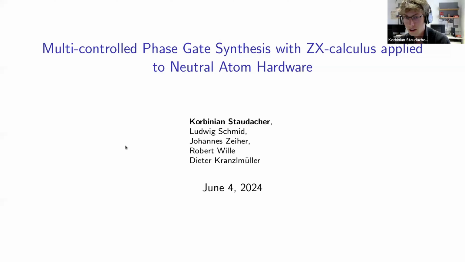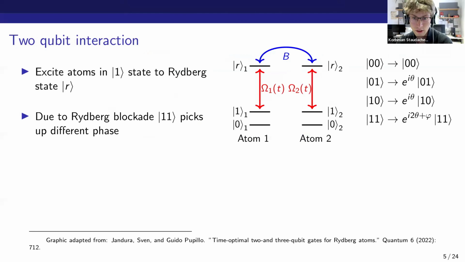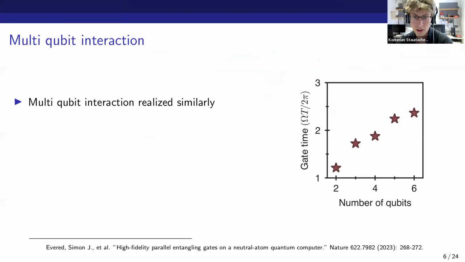I think at the very beginning, I had this graphic here, right? That it somehow increases linearly the runtime of gates. So at least it's expected. That's from a paper where they say, yeah, those values here are not experimentally realized so far, but they're theoretical results from optimal control theory, how fast we can implement those gates.